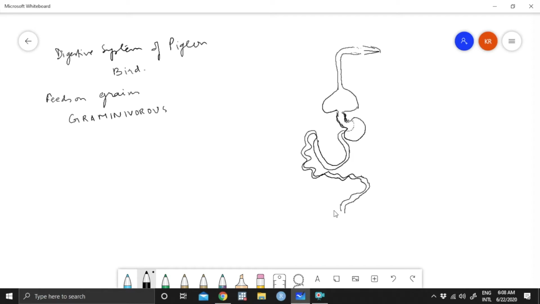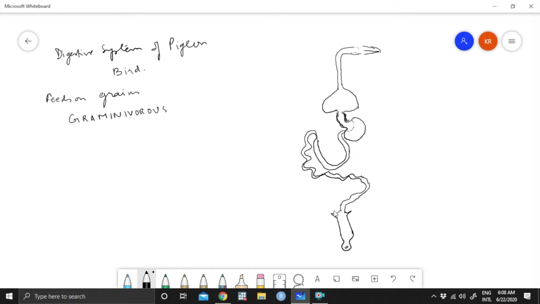This becomes a little bigger to give rise to the rectum. This gives rise to the cloaca, that is the cloacal opening.